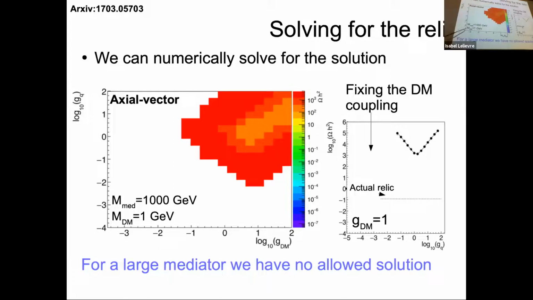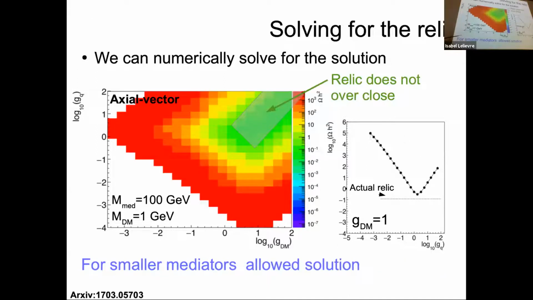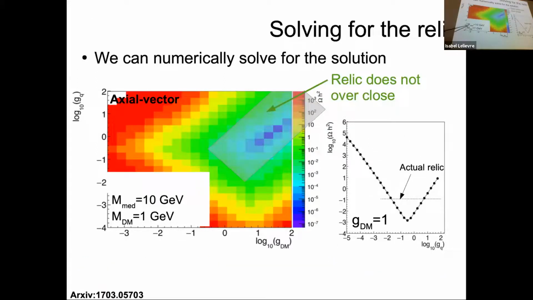So what I can then do is vary the mediator mass and the dark matter mass. I'm going to vary it to something light, like 10 GeV. And now what happens is that you have a maximum allowed coupling to get the right relic density and a minimum allowed coupling to get the right relic density.